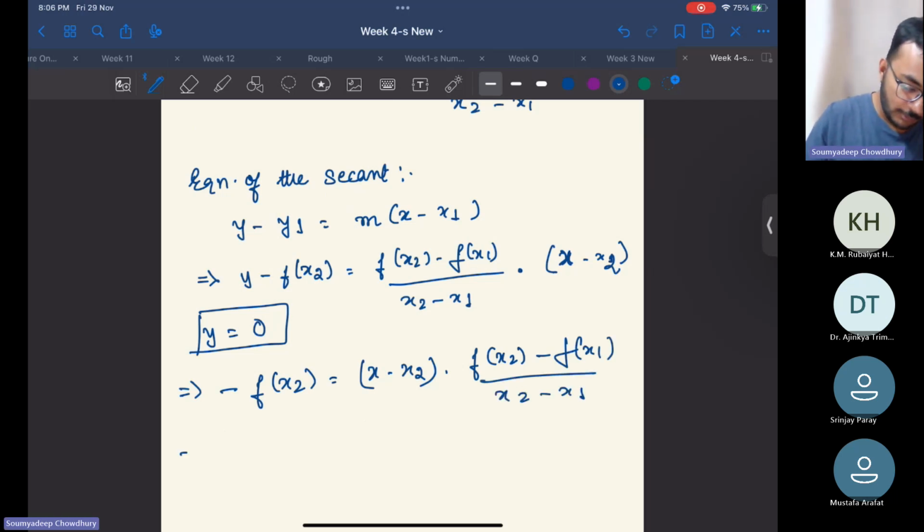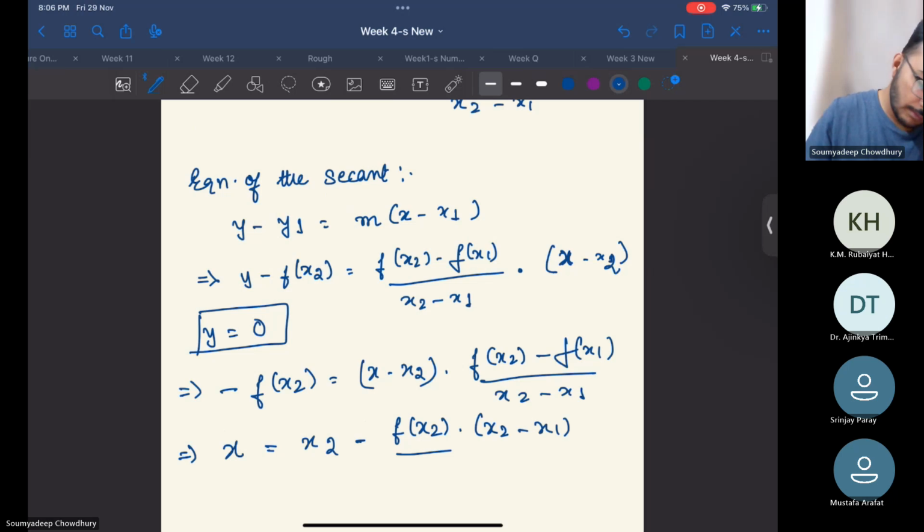From this, if I try to find out x, what is x? It is x2 minus f of x2 into x2 minus x1 by f of x2 minus f of x1. So this is the generalized expression.